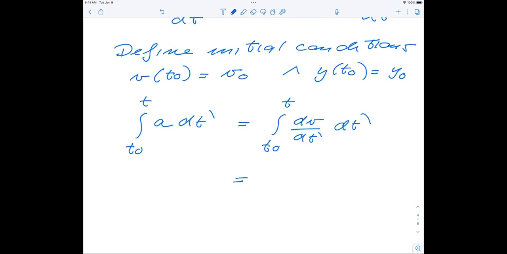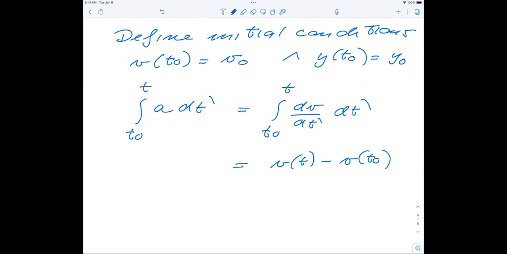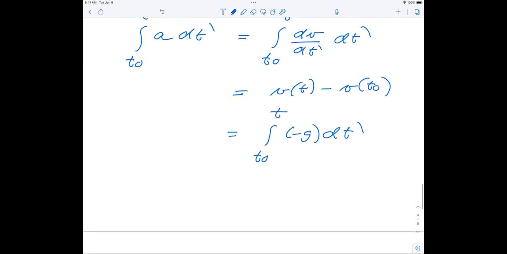Now, this one, when we integrate it up, is going to be given by v of t minus v of t0. And in this particular case, the acceleration is just given by the gravitational constant, which means that this is equal to the integral from t0 to t of minus g dt'. And that gives us minus g times the final time minus t0.